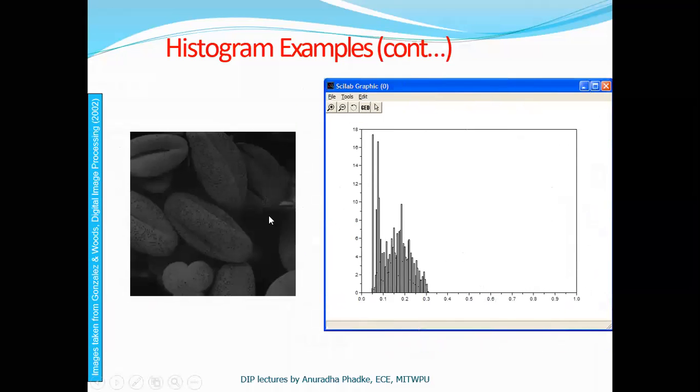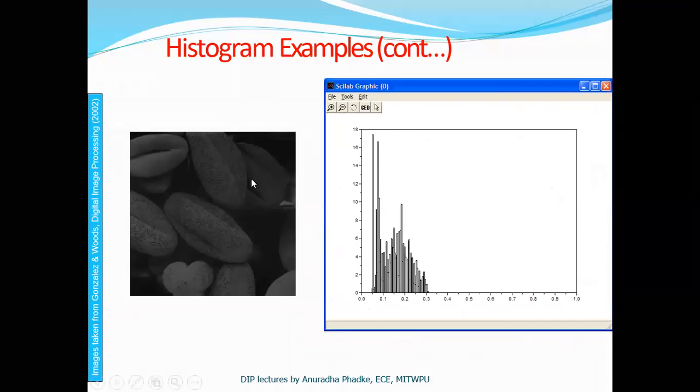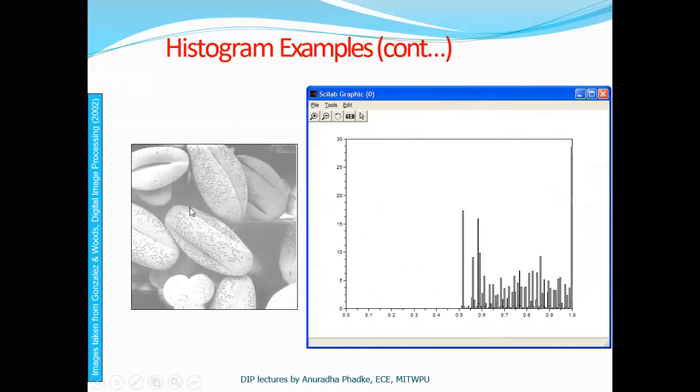These are three pictures of the same object captured in different illumination conditions. The first is an image captured in poor light, and that's why contrast is poor. The second image is captured by over-illuminating the object, and that's why contrast is again poor.